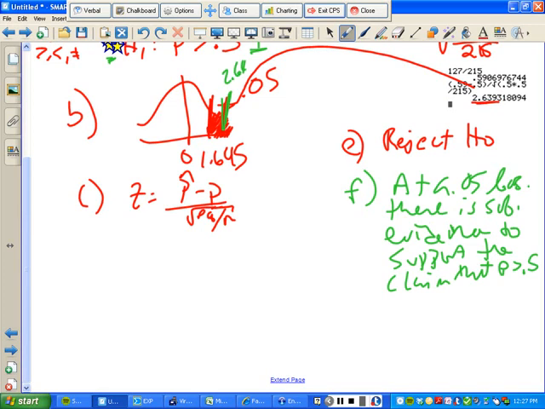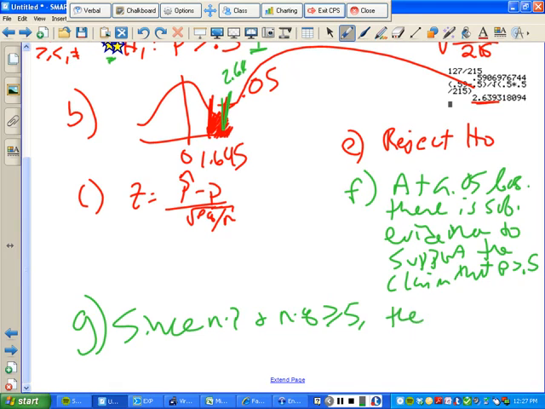For part G, you got to memorize it for this chapter, for this section. Since n times p and n times q are greater than or equal to 5, the sample proportion is normally distributed. All right. That concludes our example for that.